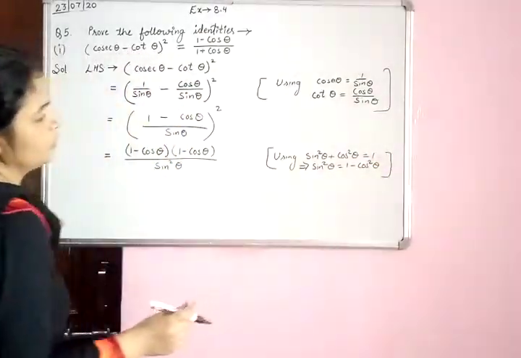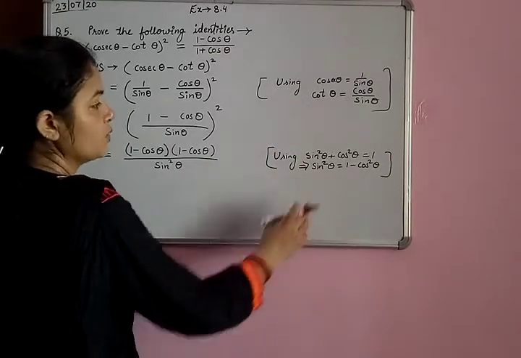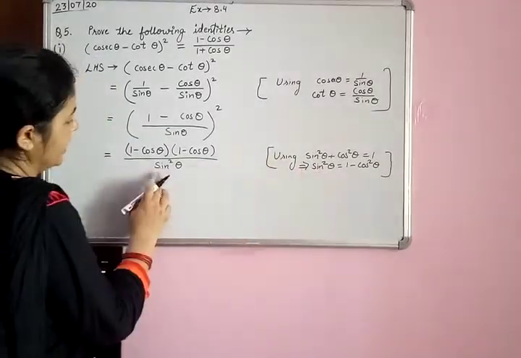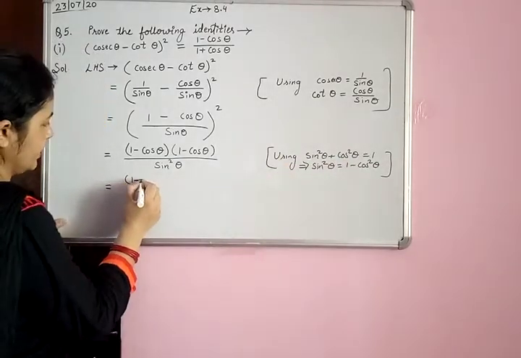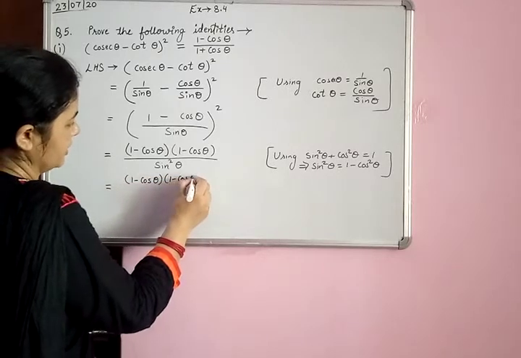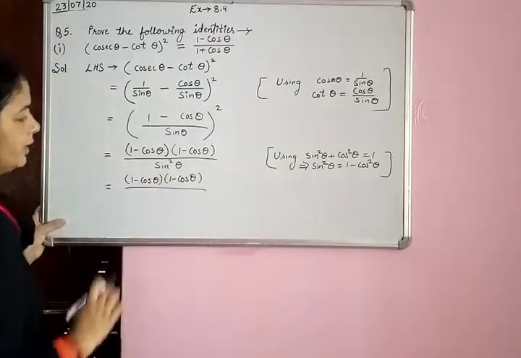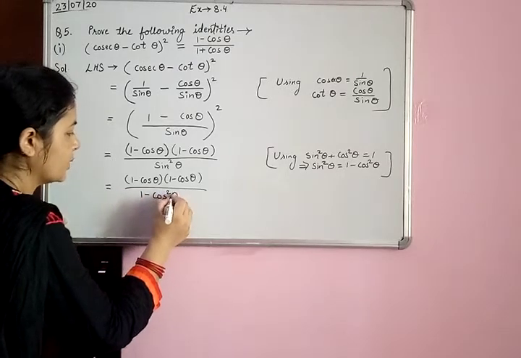Okay, you can use any given identity in other forms also. So here I am putting sin square theta as 1 minus cos square theta. So numerator is same, (1 minus cos theta) into (1 minus cos theta). In denominator, in the place of sin square theta, I am putting 1 minus cos square theta.